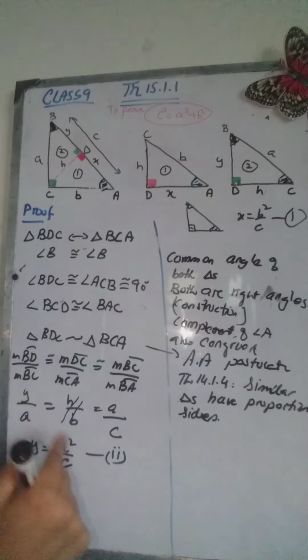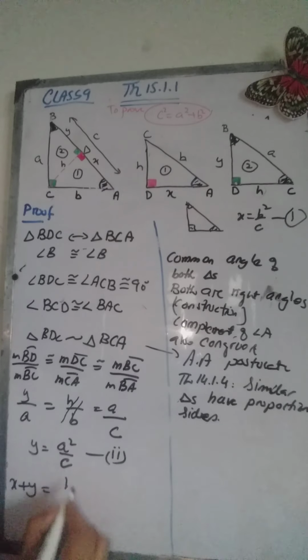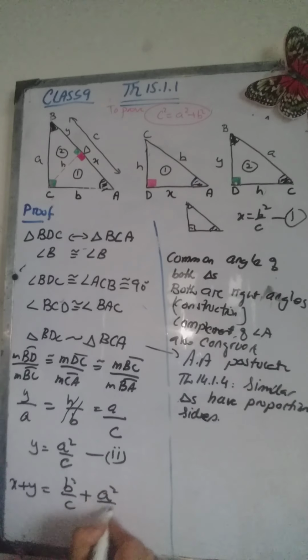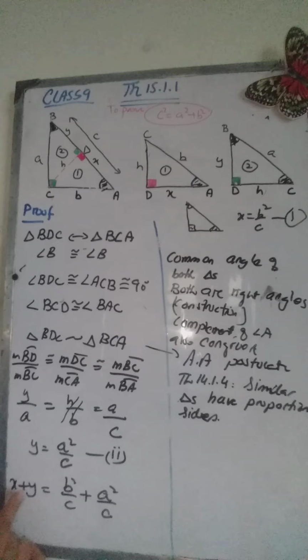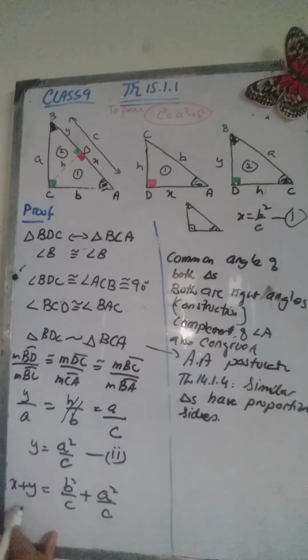Now adding 1 and 2, what do we get? x plus y is equal to b square over c plus a square over c. Now we know that x plus y is equal to c from here. AB was c, and x plus y is equal to c is equal to b square plus a square over c, as the denominators are the same, I am going to write this as this.